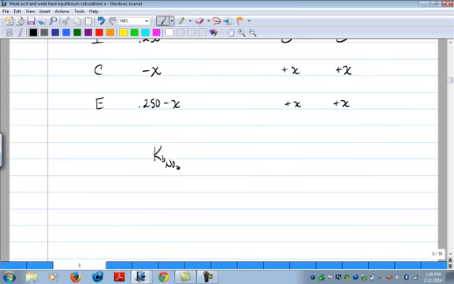Kb for nitrite, 10 to the negative 10.61 is nitrous acid concentration, hydroxide concentration, over 0.250 minus x.